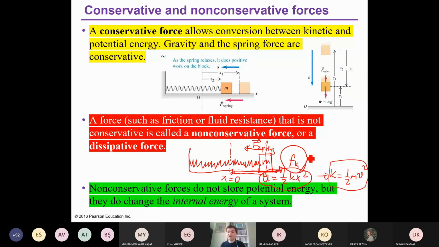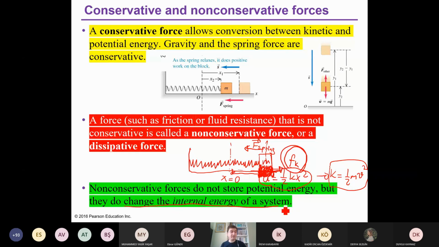So where does this energy go? The energy goes to the internal energy of the system. What I mean is, during this friction, the surface of this box and the surface of the ground will be hot, okay? So the temperature of this mass and the temperature of this surface will be increased. So the energy will be spent to change the internal energy of the system.